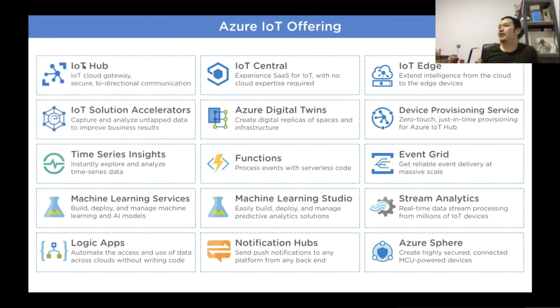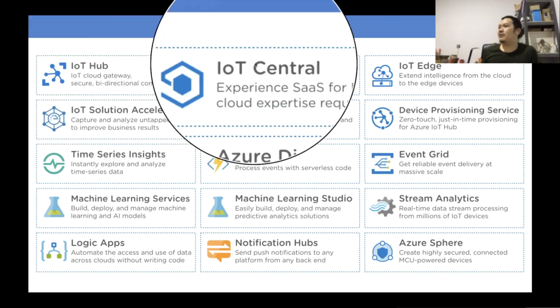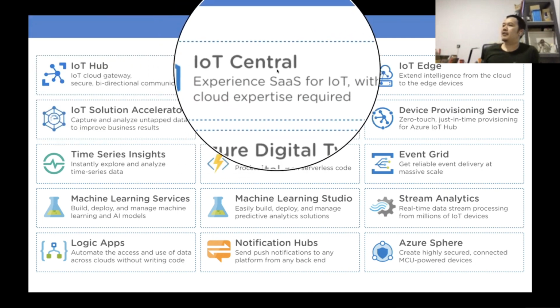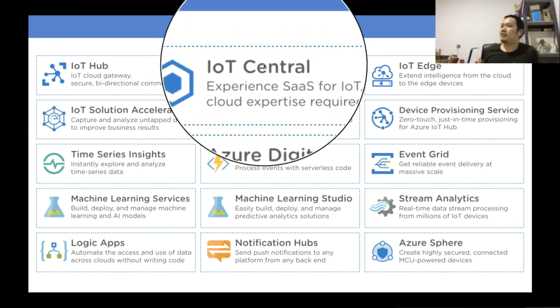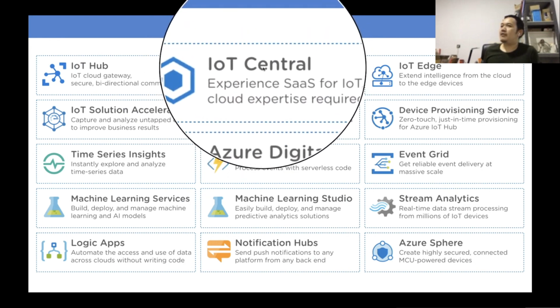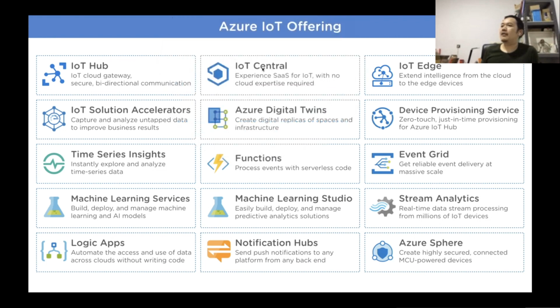And then there's another service like Azure IoT Central, which is basically a SaaS, software as a service. So basically, it has all the things that you can use for general purpose IoT applications, and everything is already managed by Azure, so you don't have to worry about the scaling.